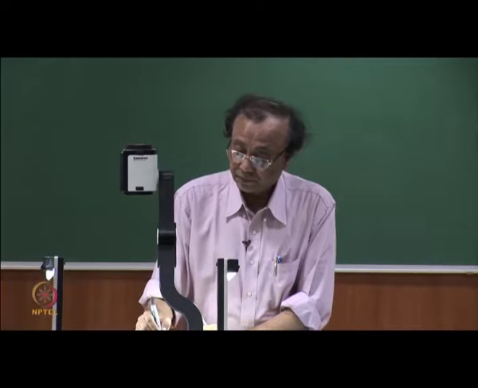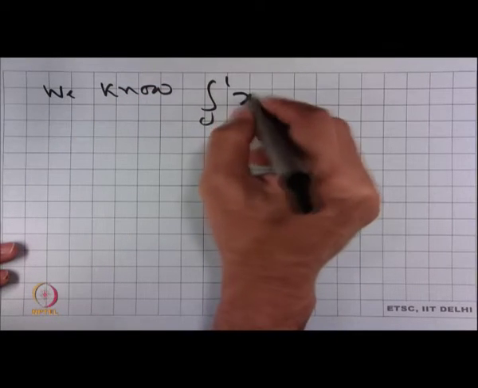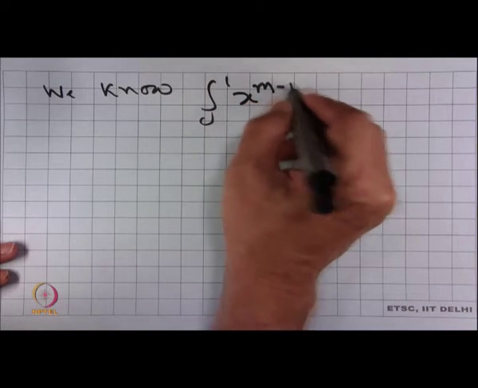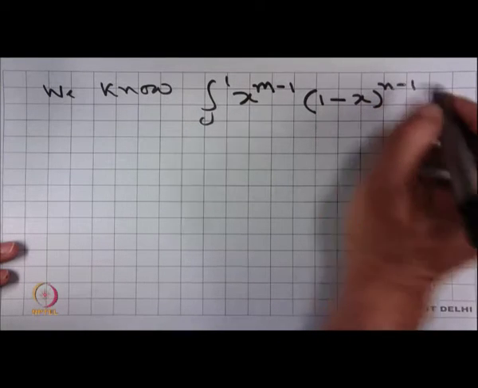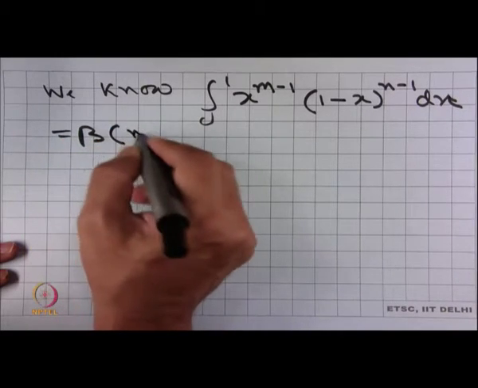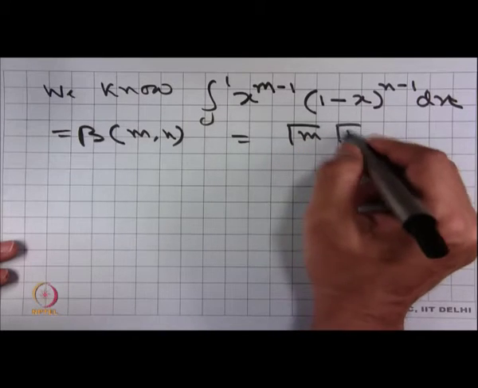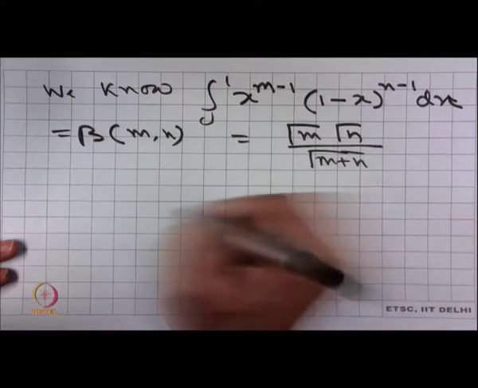We know integration 0 to 1 x to the power m minus 1 into 1 minus x whole to the power n minus 1 dx is equal to beta m comma n, is equal to gamma m gamma n upon gamma m plus n.